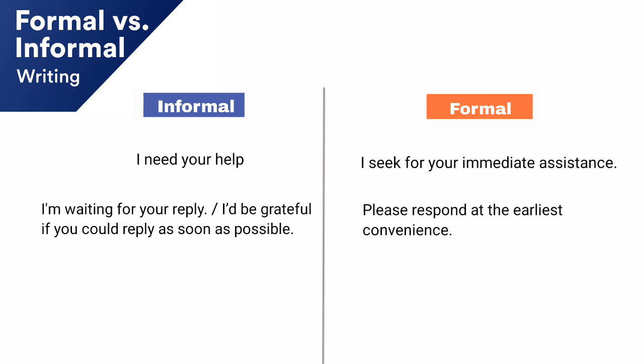So this is another way to say that I'm waiting for your reply and I want you to reply as soon as possible. Got it? But the sentence structure is totally different and it shows that we have used a very formal sentence here. That is, please respond at the earliest convenience. I hope you got it, right?